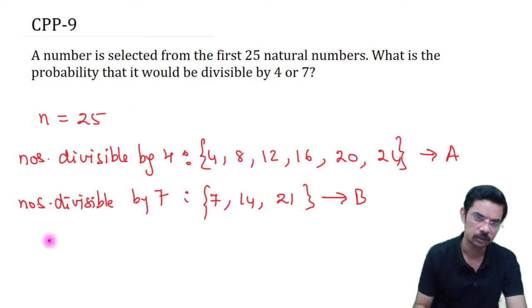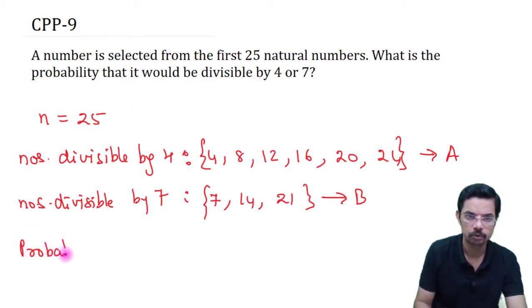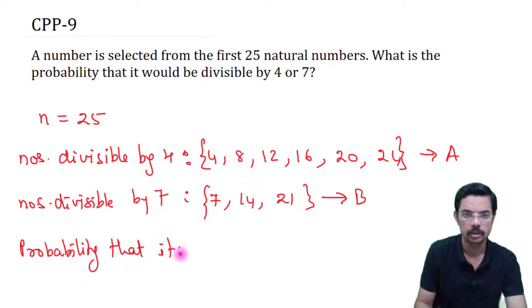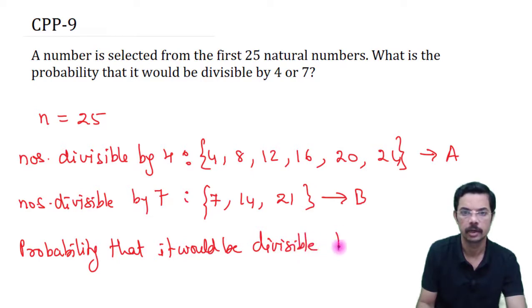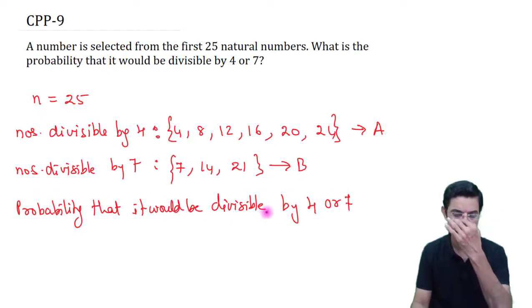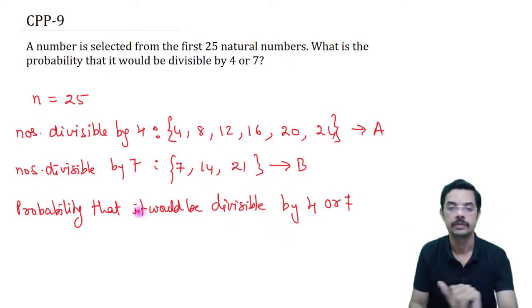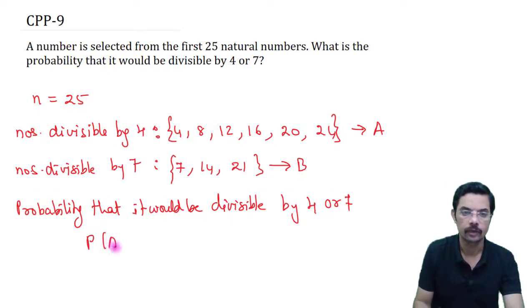Suppose this is set A and this is set B. The probability that it would be divisible by 4 or 7 is the probability of A union B. In A union B, are there any common elements?